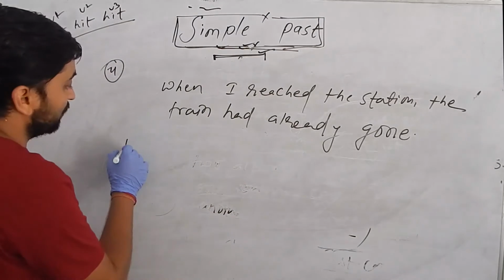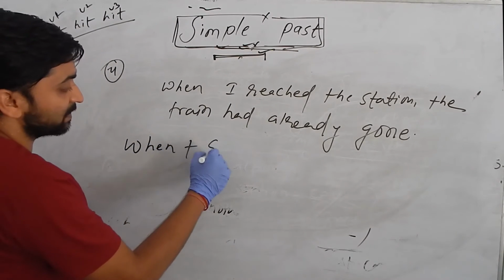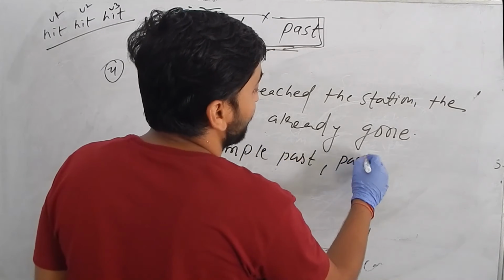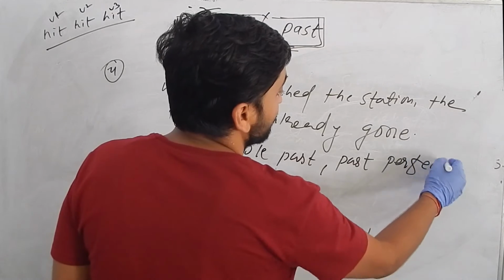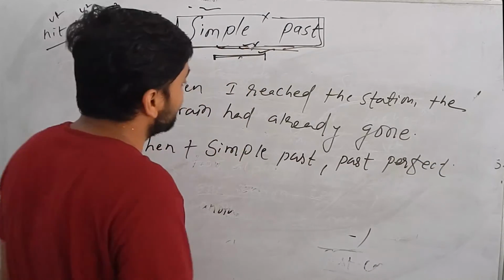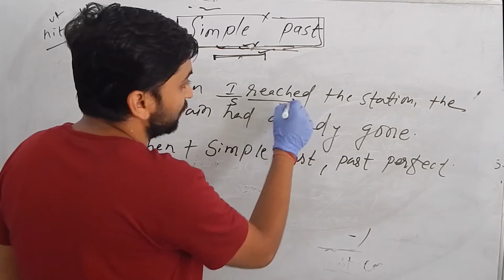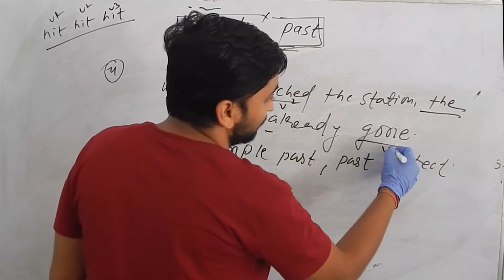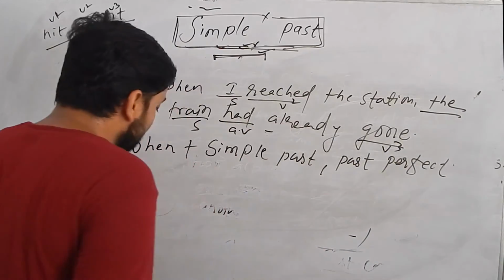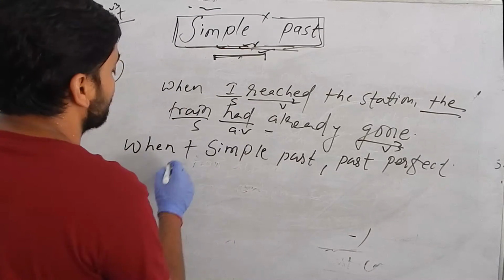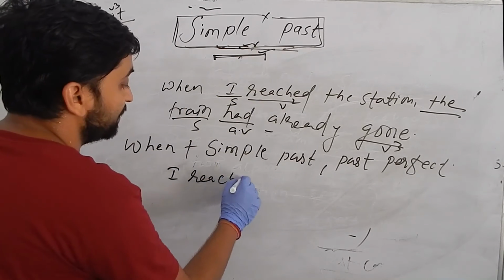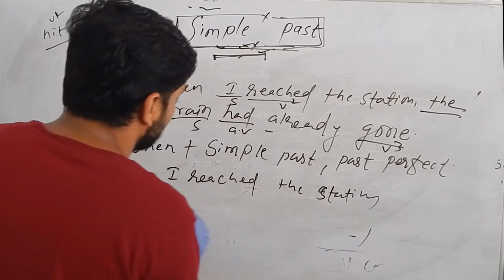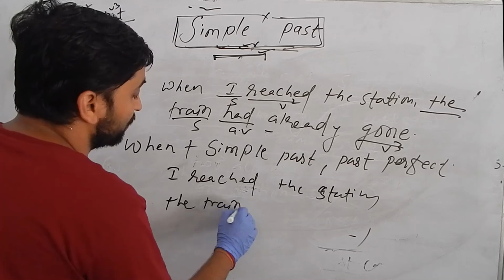Okay, so here we write when plus simple past and past perfect. So this is different from the earlier two. How is it different? Subject and V2. Here is subject and had plus V3. Had plus V3. Here also two actions are there. What is the first one? I reached, this is one action. I reached the station. Another is the train had already gone.